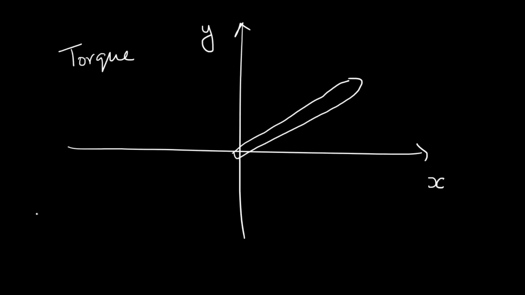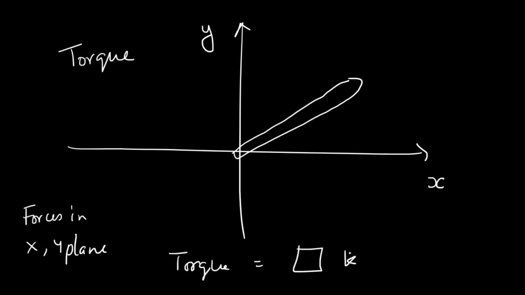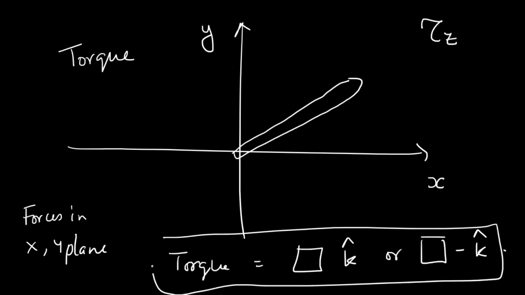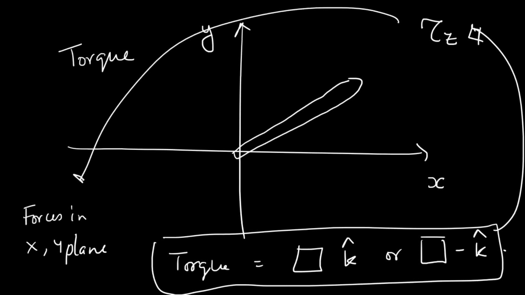I keep telling you, and I think it's worth repeating here, that forces are in the xy plane and torques will be either something into plus k or something into minus k. These are the only possibilities. So please remember this, and that is in the z direction. So tau is only in the z direction. That's what it means. This whole statement just means that torque is only in the z direction, and the reason is this: the forces are only in the xy plane.